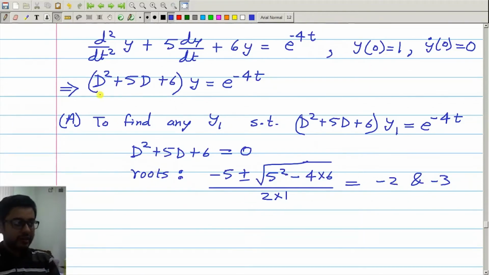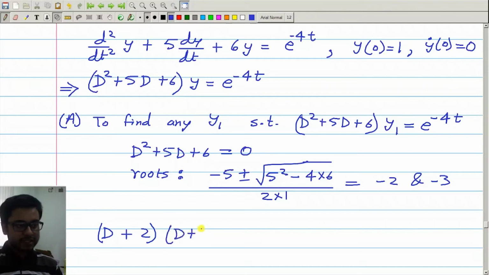So we can write this differential equation as (D minus minus 2), or you can make it plus, (D plus 2)(D plus 3) acting on y is equal to e to the power minus 4t.